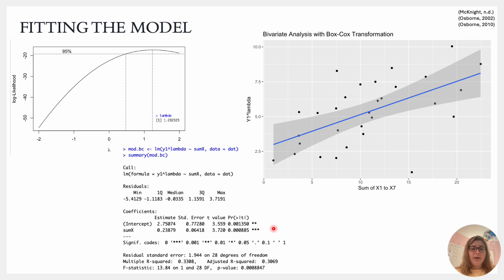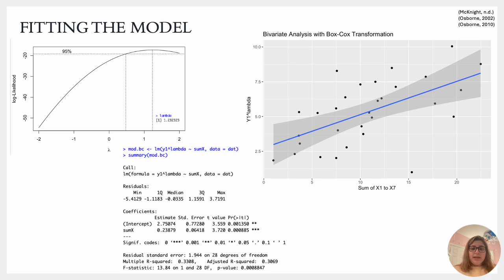So the Box-Cox transformation does appear to improve the model, and it's doing that by addressing things like the non-normality in y1.